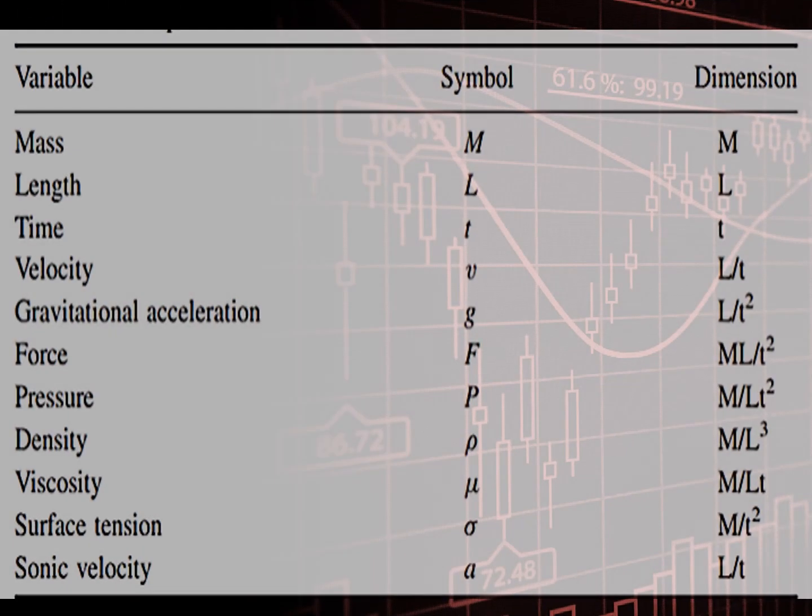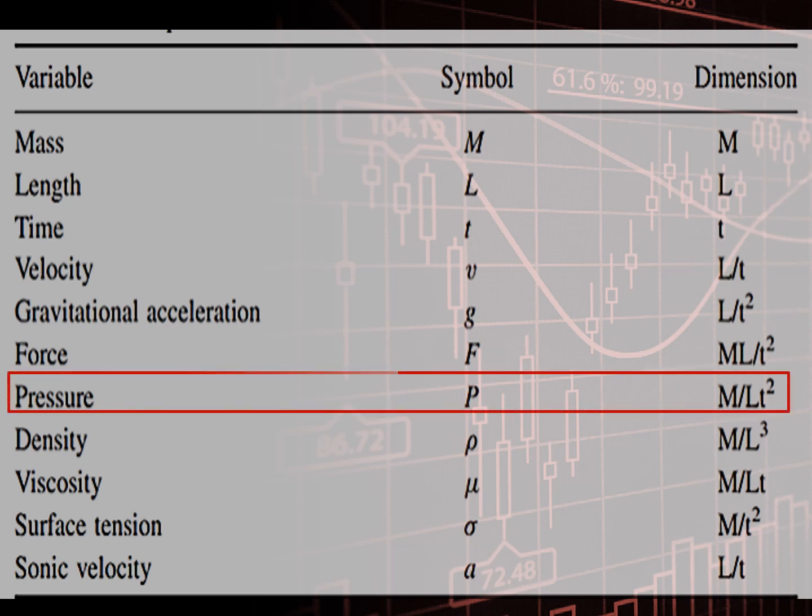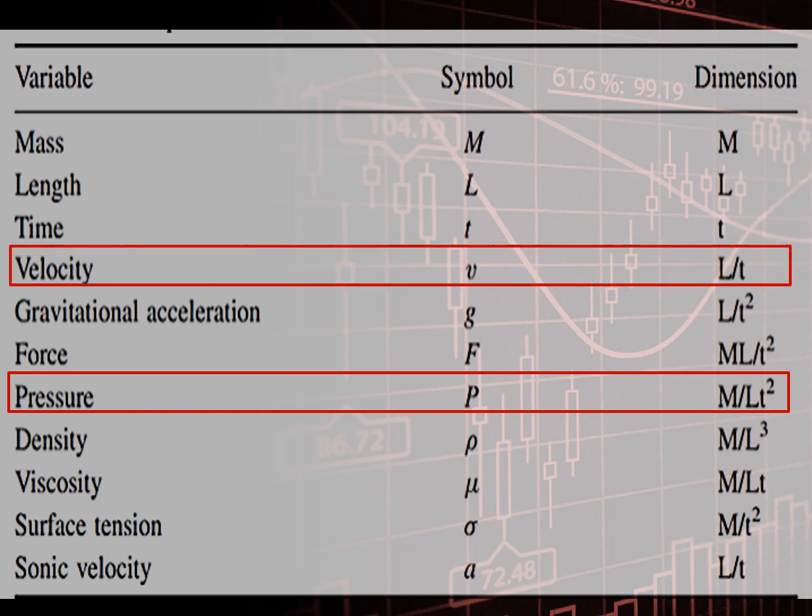We recall from the table that change of P equals M over L T squared, or we can write that as M L raised to negative 1 T raised to negative 2. And V is equal to L over T, or again, L times T raised to negative 1.